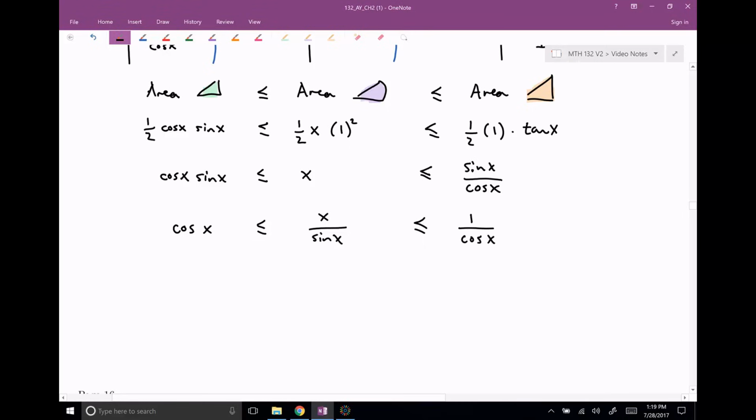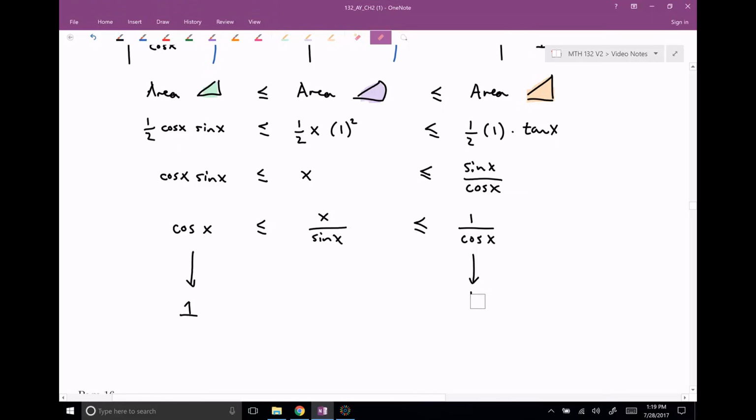And now I'm ready to apply the squeeze theorem. Remember, I'm interested as x goes to 0. So as x goes to 0, the limit of the left-hand side is going to go to cosine of 0, which is 1. On the right-hand side, our big function, as x goes to 0, I'm going to have 1 over 1, cosine of 0 being 1.